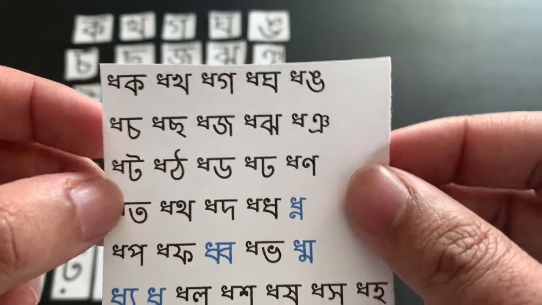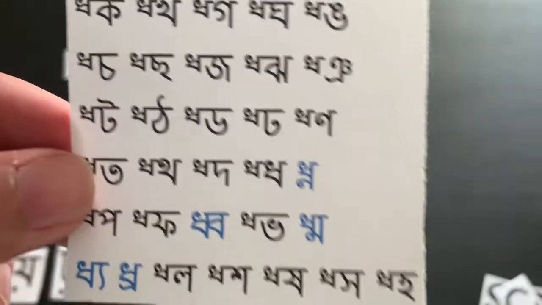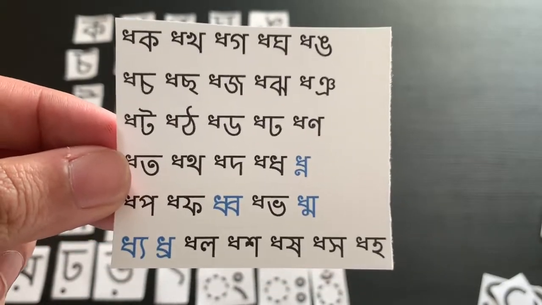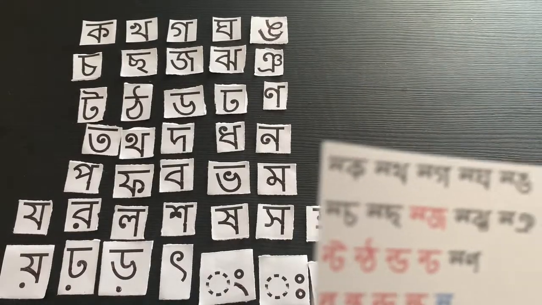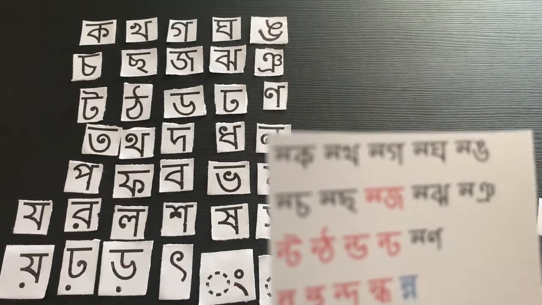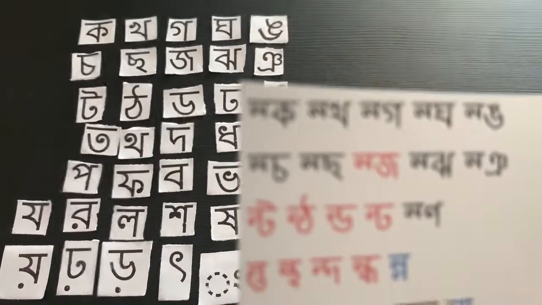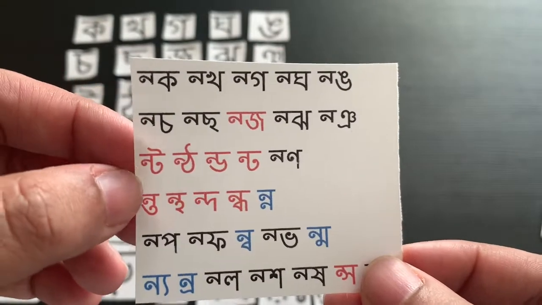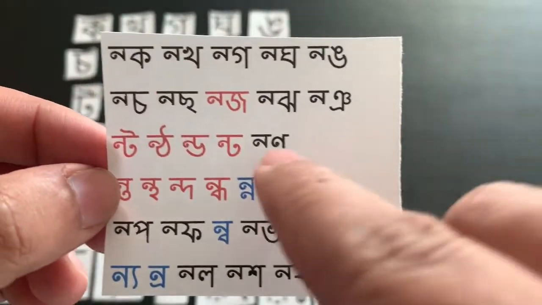You might not look at that letter too often in the language, but we are exploring the script, not the language. I keep using the words language and script interchangeably sometimes, but here we are only exploring the script. Then, no.